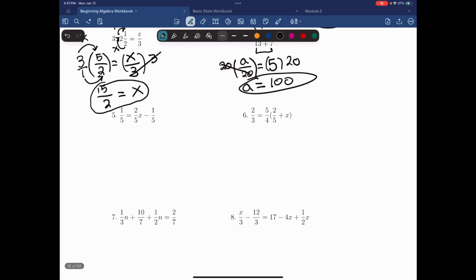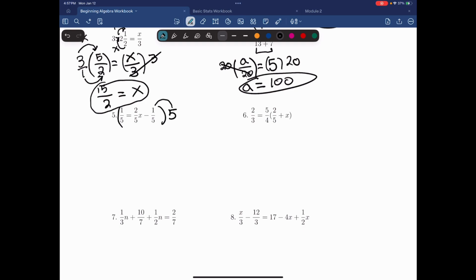Looking at example number 5, I encourage you to pause the video and try this one on your own. And now let's go through it together. So this one might look scary because we have 3 fractions. However, notice all these fractions have the same denominator of 5. So since they all have the same denominator, we can make our lives really easy and multiply this whole equation by 5.